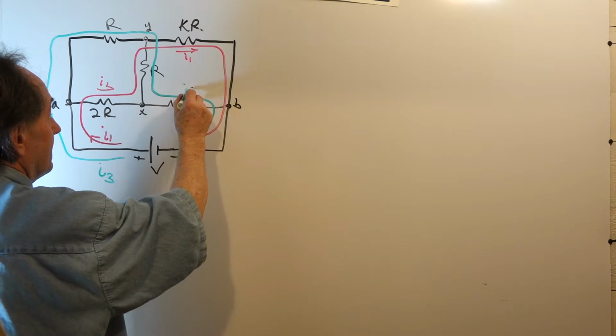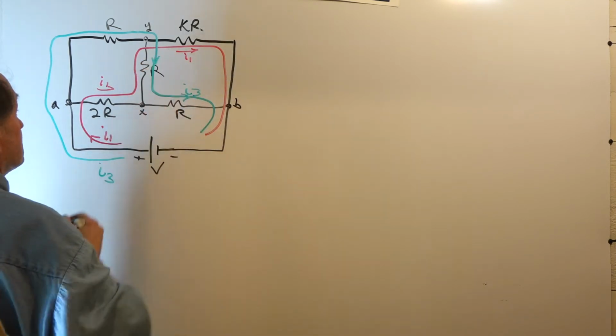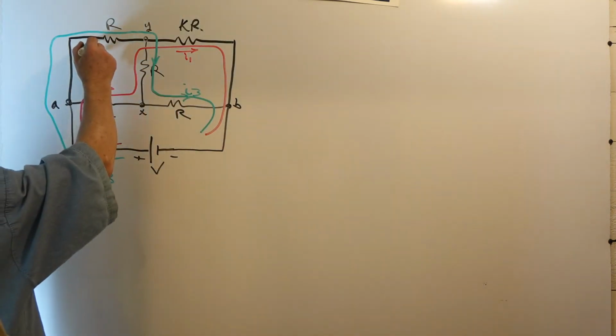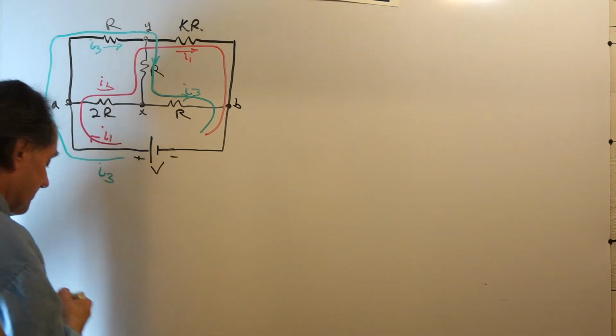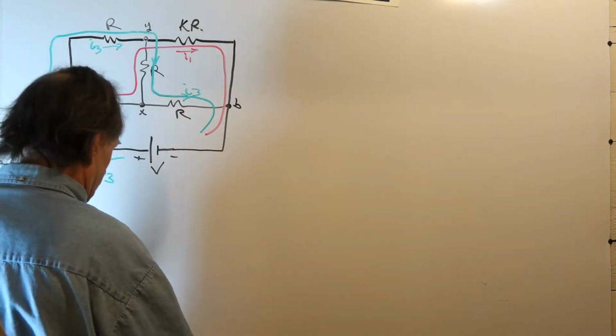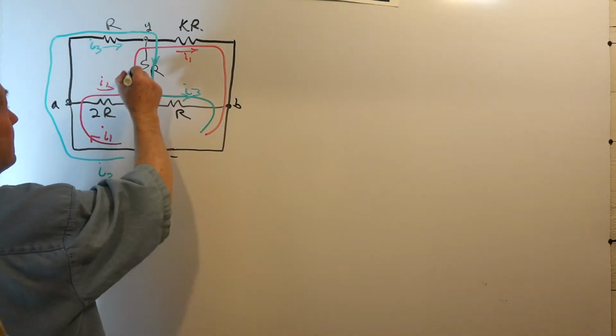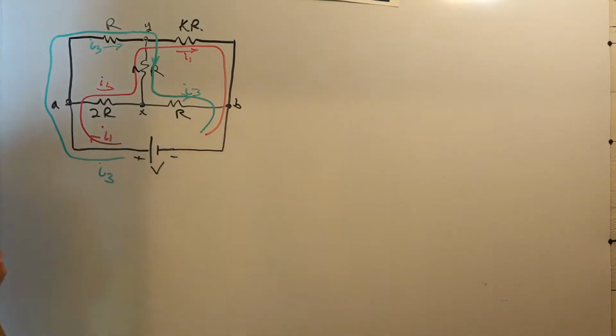So this is I3. I3 is down, and I1 is upward there.